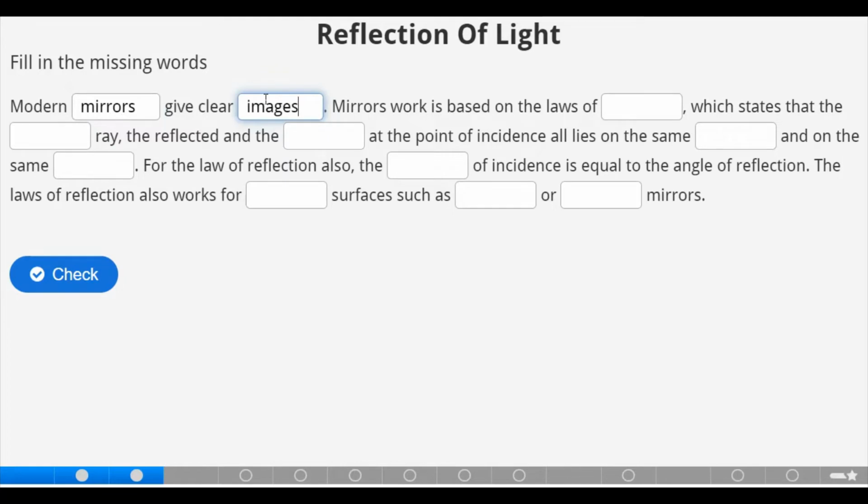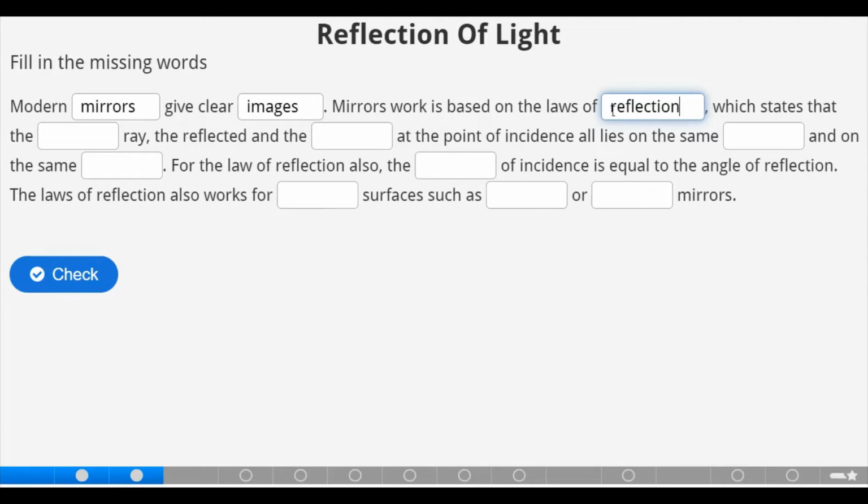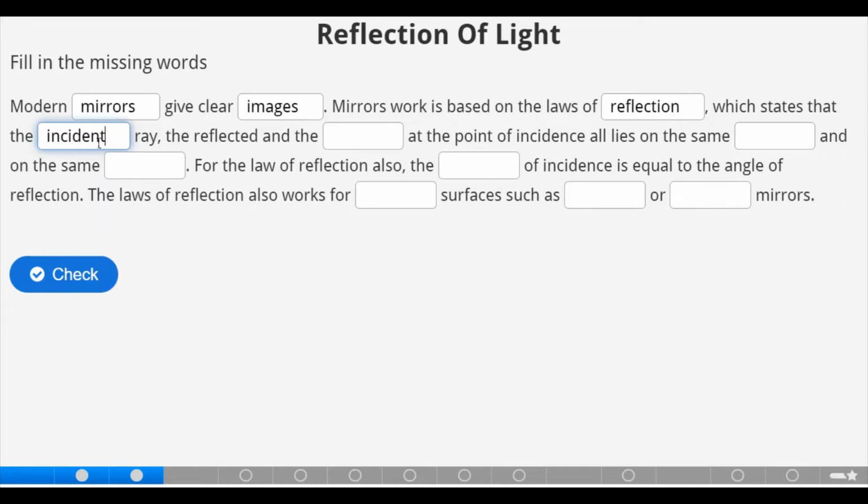Mirrors' work is based on the laws of reflection, which says that the incident ray, the reflected ray, and the normal at the point of incidence all lie on the same, what do you think over there? Plane, and on the same surface.